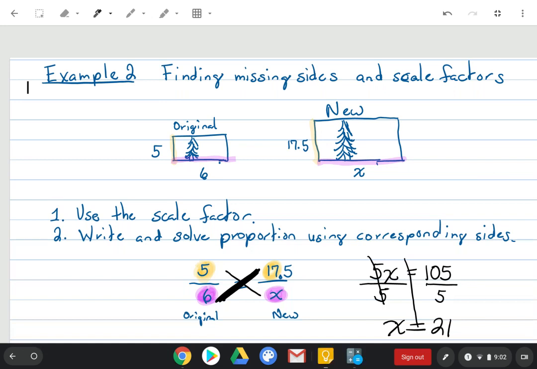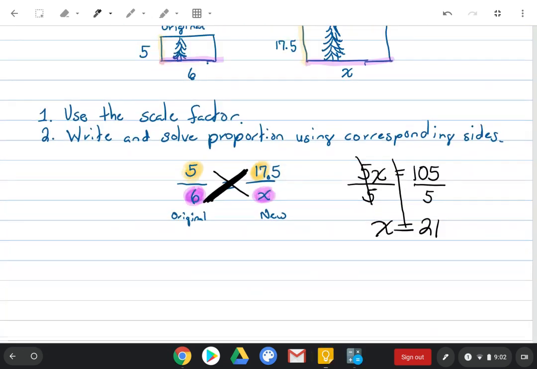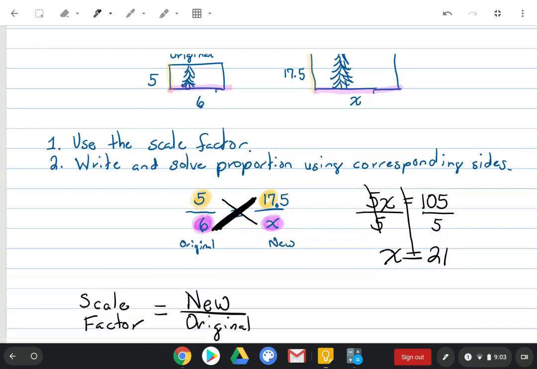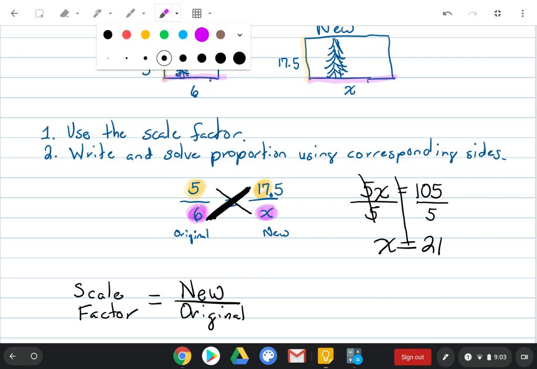Now, another way we could do that is to use the scale factor. So here's how we do scale factor. To find the scale factor, we're going to look and compare our new picture to our original. So we're going to look for corresponding sides of the new picture to the original.